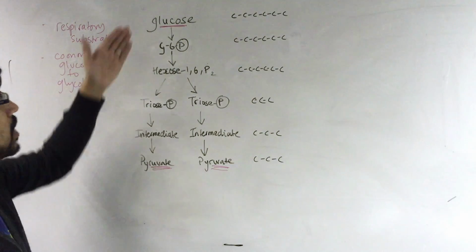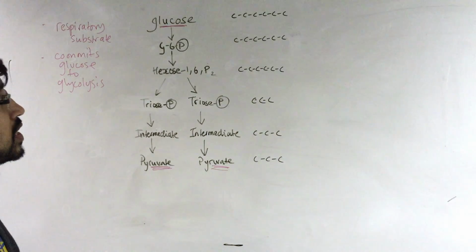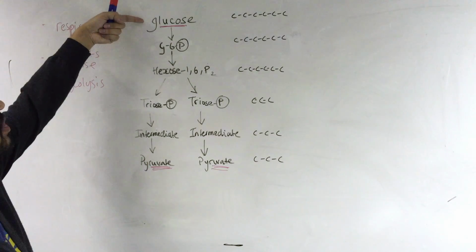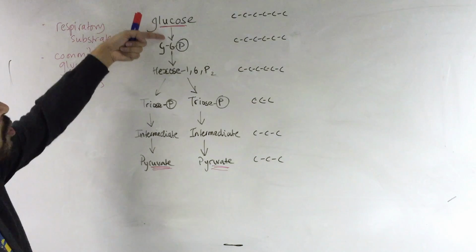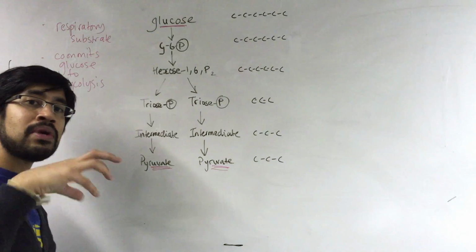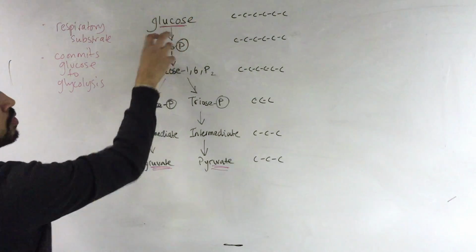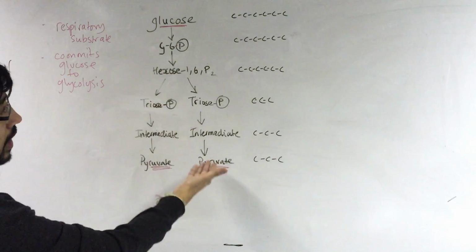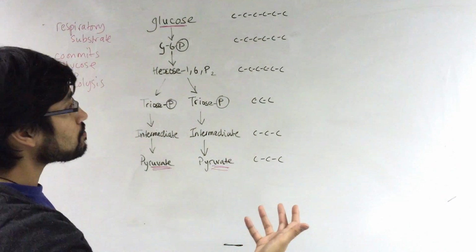So it's really important that we appreciate that these are enzyme-controlled reactions, and that this glucose is the substrate for the enzyme whose product is that. So that arrow is very significant because it means that there's an enzyme whose substrate is glucose and whose product is glucose 6-phosphate. And that counts for every single process here and in the Krebs cycle.